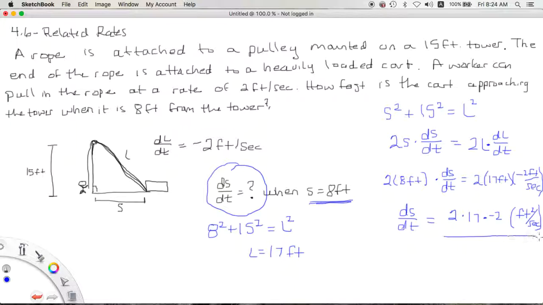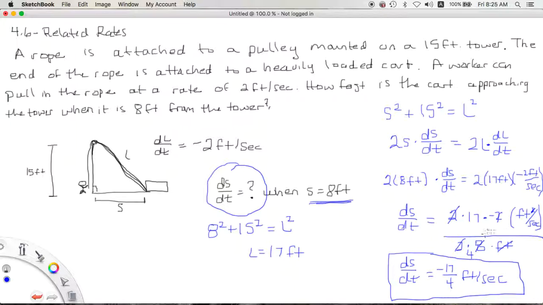And that's all divided by 2 times 8 times feet. So these are going to cancel. And then here we're left with 4, and we're left with negative 1 there. And then the feet cancel. So we just have one of them left. So we have ds/dt equals negative 17 over 4 feet per second.